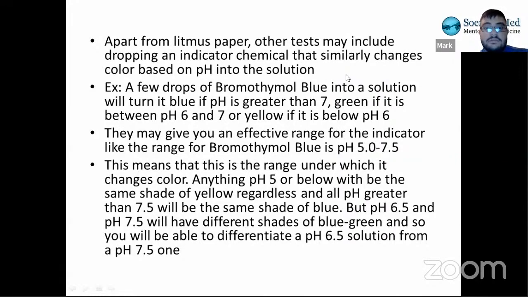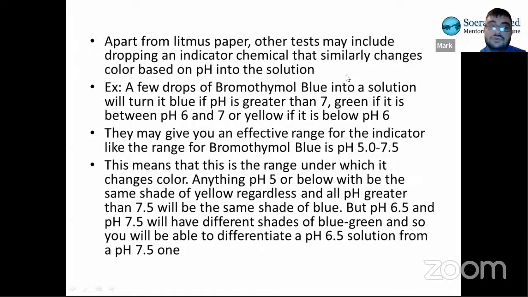What sometimes they may give you is an effective range for the indicator. So for example, the range for bromothymol blue is pH 5 to pH 7.5. This doesn't mean that it doesn't work on pHs higher or lower than that, and it actually will. What it means is that anything out of the range, you wouldn't be able to tell the difference. So for example, if you dropped it into a pH of 5, it would turn a deep yellow.